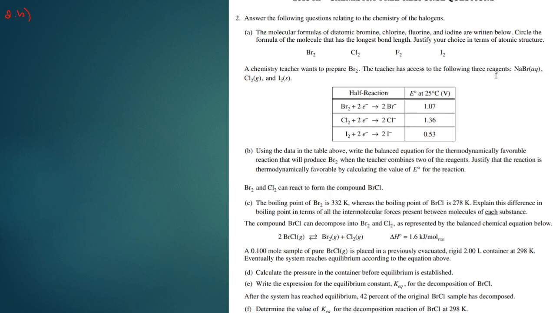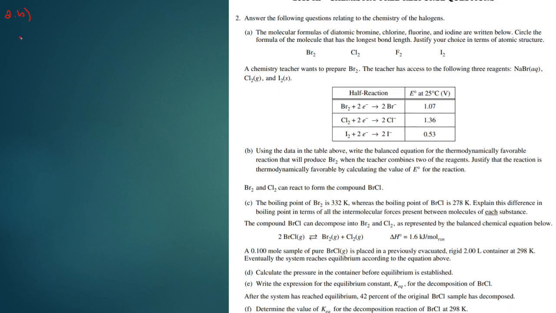Well, similar to how we want to minimize delta G, we want our E value, our voltage, to be greater than 0. And so E is our cell potential for an electrochemical cell made up of these half reactions. And so think about, well, okay, we want to make Br2, so we know that we have to have that first half reaction flipped over.